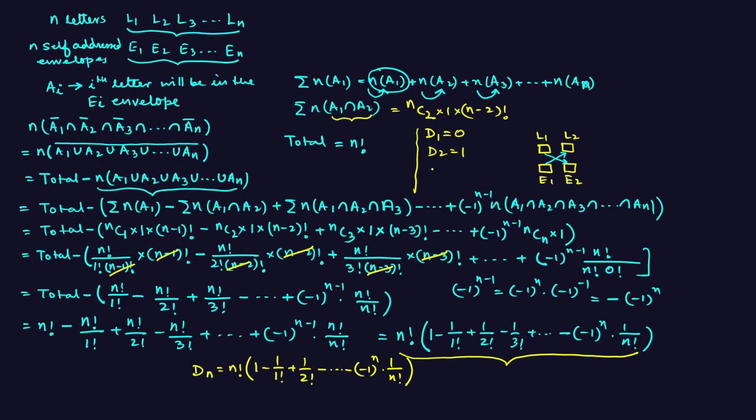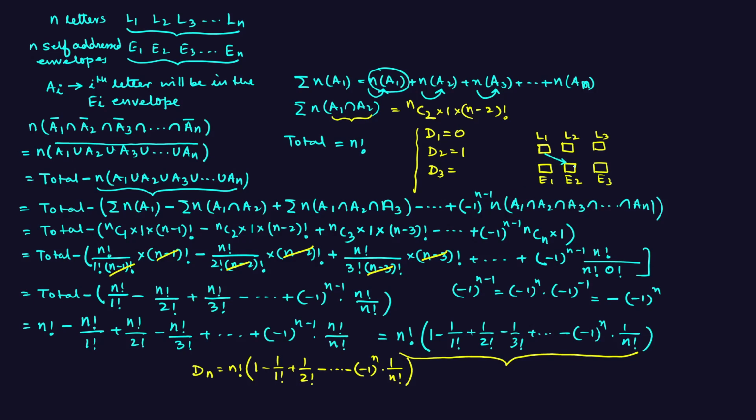Okay, let us consider what is D3. D3 means there are three letters now. Let me just erase this. Now we are having three letters, L1, L2, L3, and we are having three envelopes, E1, E2 and E3. Now let us place letter L1 in E2.